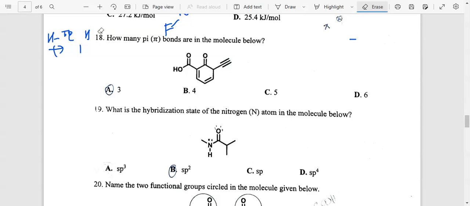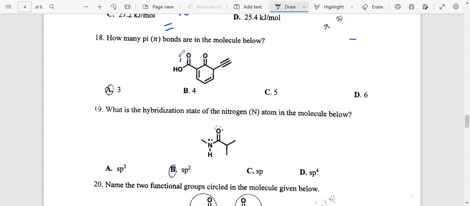Okay, question number 18. How many pi bonds are in the molecule below? One thing we need to know is that a double bond has one pi bond.